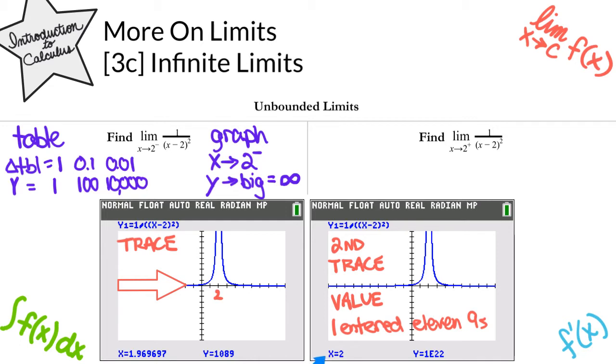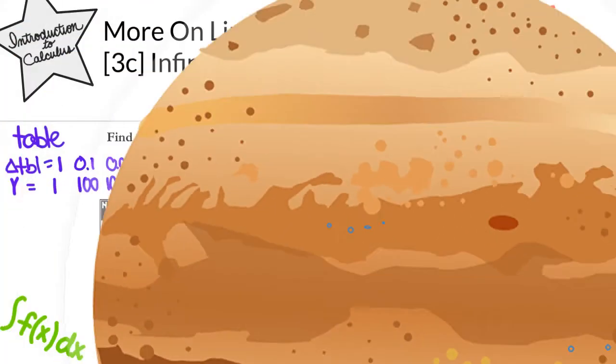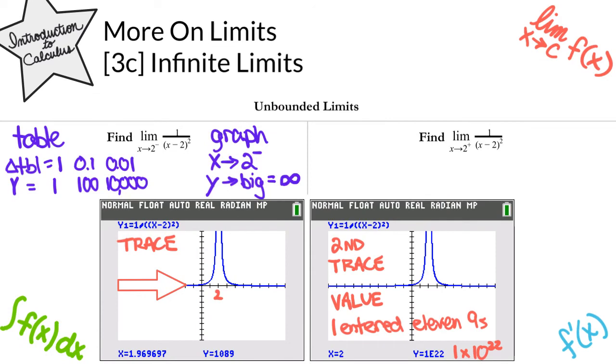And what I get on my screen is x equals 2 because it's rounding. It could only fit so many decimal places. But then for the y value, mine says 1E22. And what that means is 1 times 10 to the 22nd power, which is insanely huge. It's approaching infinity. And that's the answer to the left-hand limit, infinity.